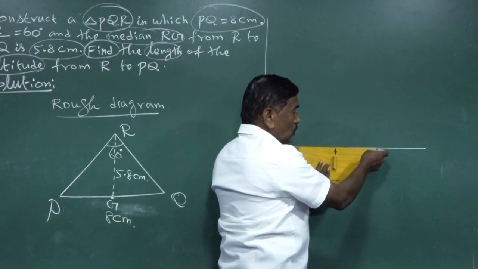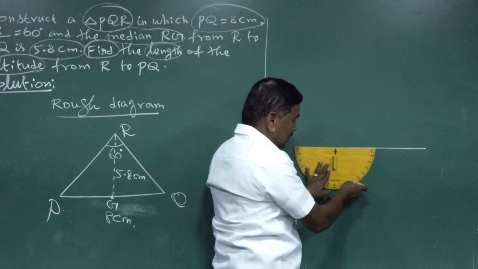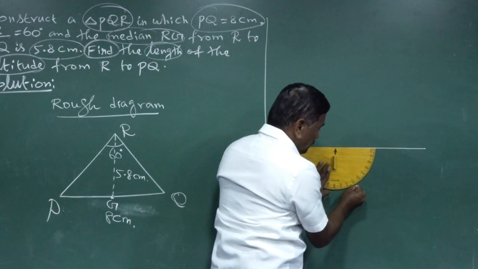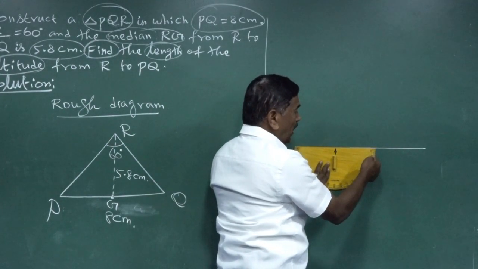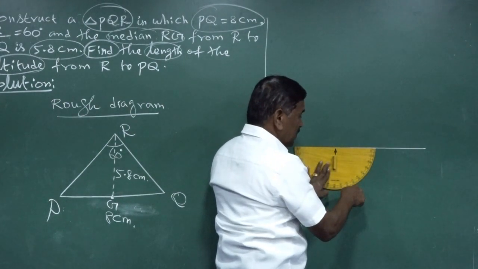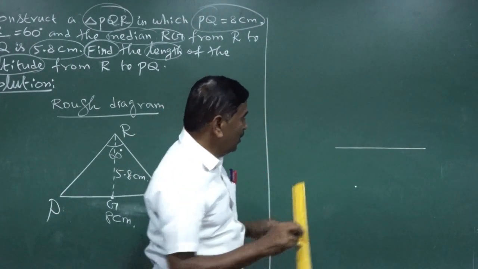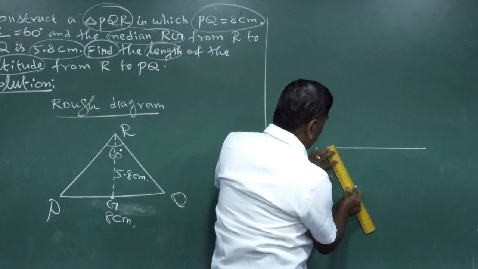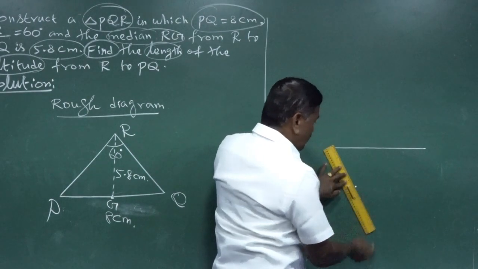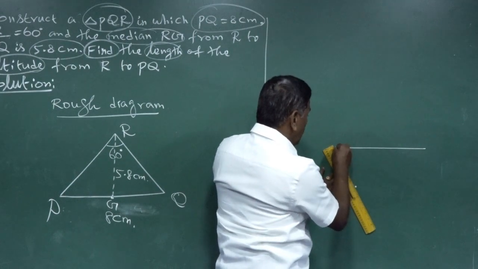Listen. 0, 10, 20, 30, 40, 50, 60. So 60 degree here. Now at P, which is the 60 degree point, using scale, join this 60 degree line, a long line. Before joining this, make a small touch.